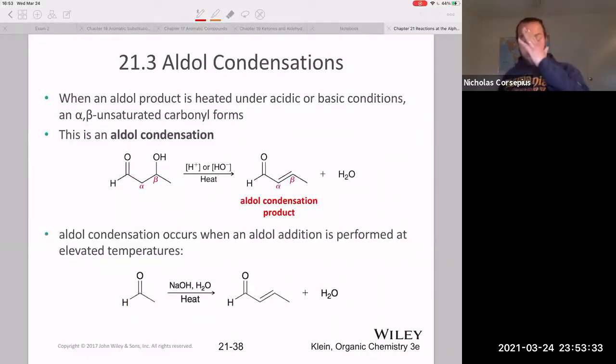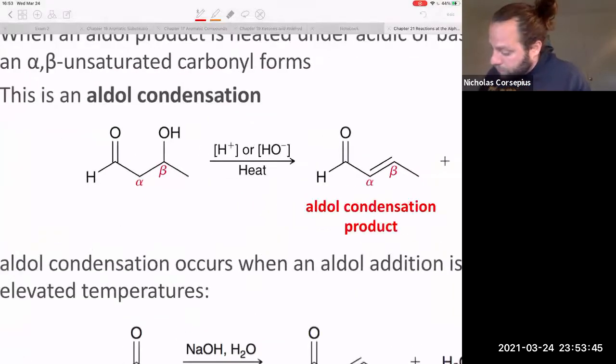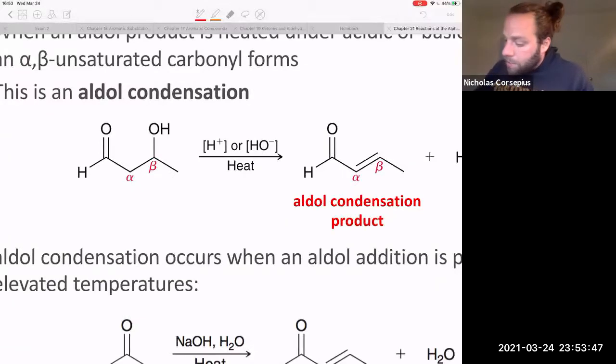Okay, so that was an aldol addition. Aldols will then undergo another reaction called a condensation reaction. Basically, what's going to happen is we're going to get rid of this hydroxyl group on the beta carbon, and there's going to be a double bond formed between that alpha and beta carbon.